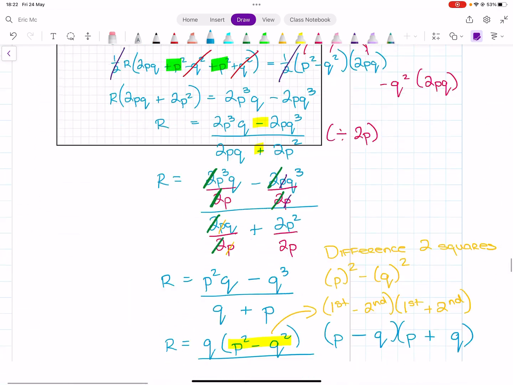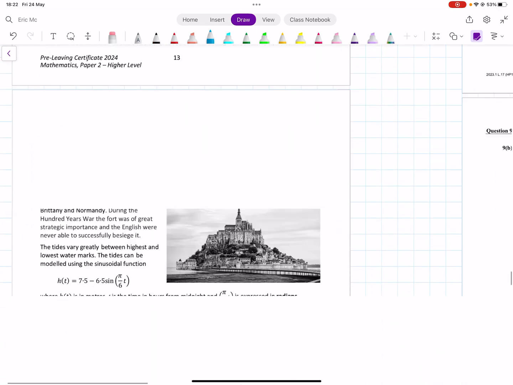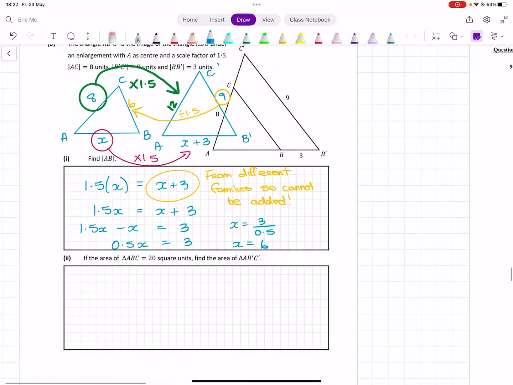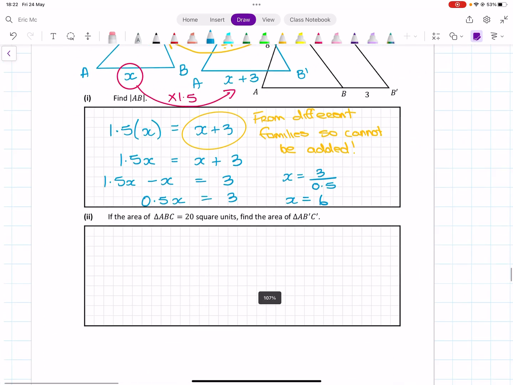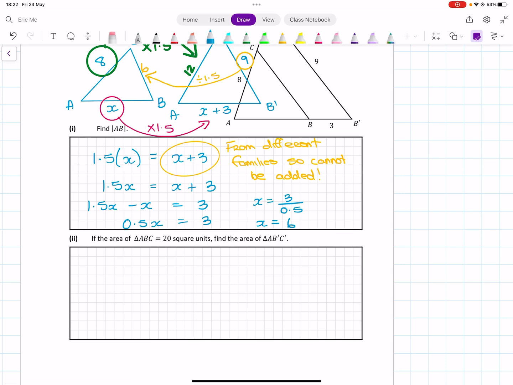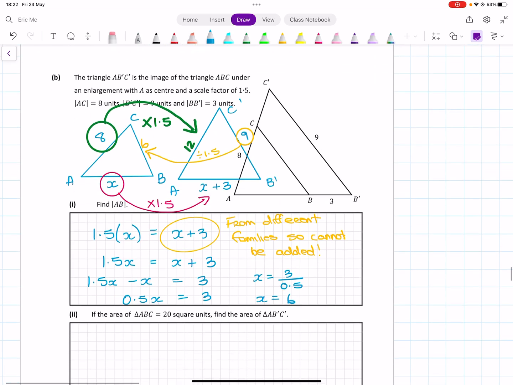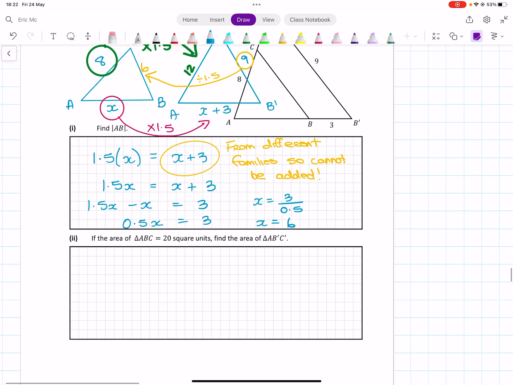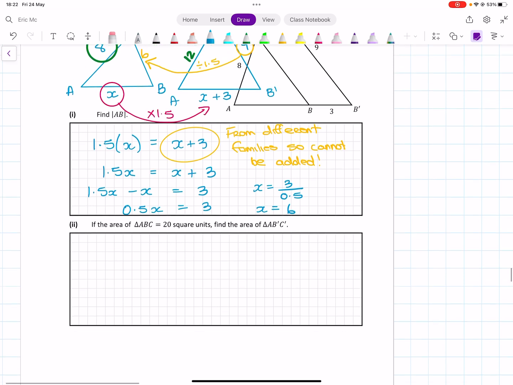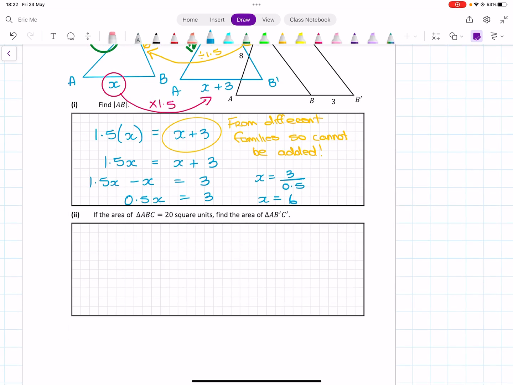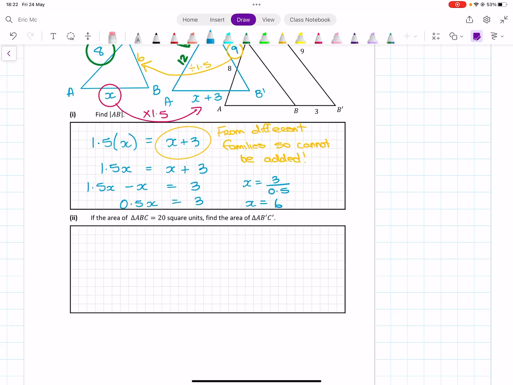Cool. Okay, we did question 4. We did question 5. We did question... Oh, we didn't actually finish question 6. This was the one, do you remember, with the scale factor of 1.5? So if the area of triangle ABC is 20 square units, find the area of the enlarged one. To go from a side in the little triangle to a side in the big triangle, you multiply by 1.5.